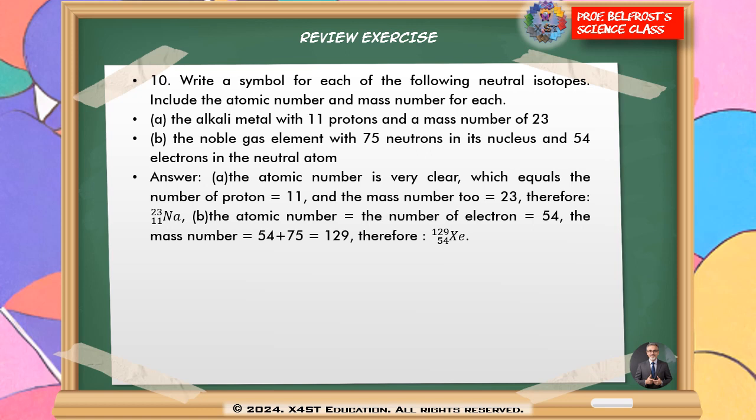So the atomic number is 54, and the mass number is the sum of neutrons and protons, so 75 plus 54, which gives us 129. Therefore the symbol for the neutral isotope is 129 54 Xe, xenon. Done.